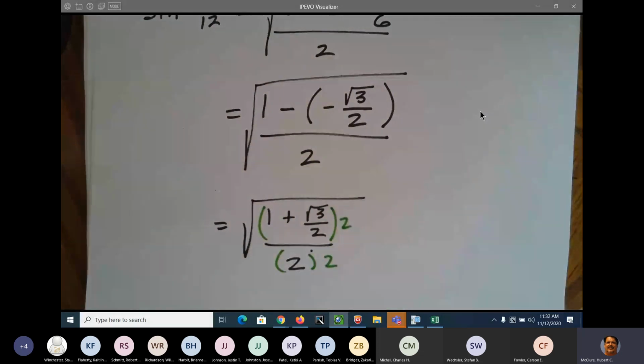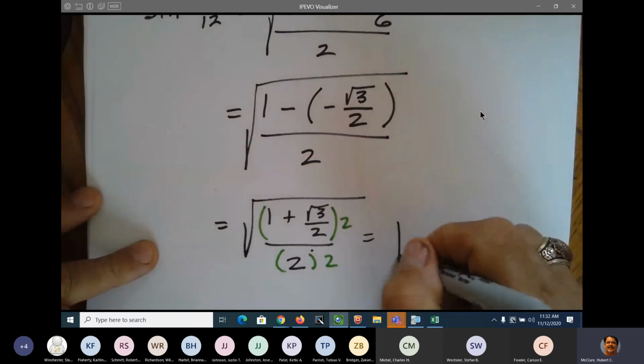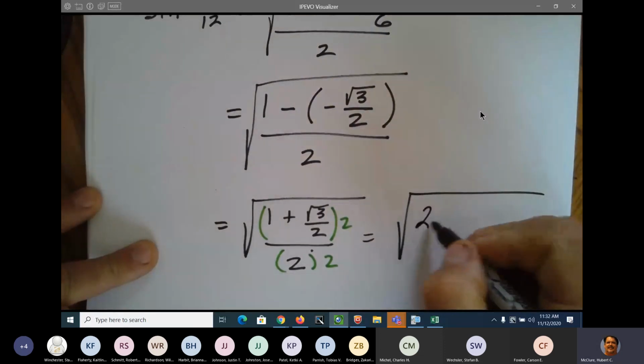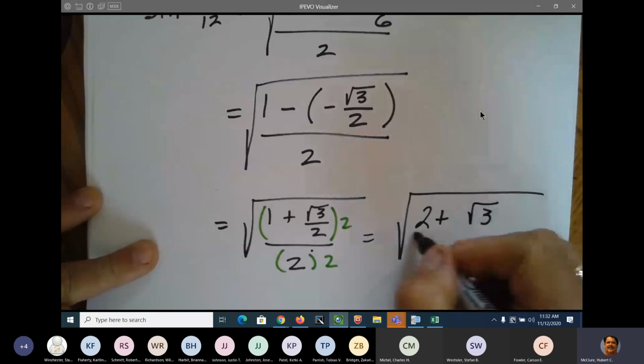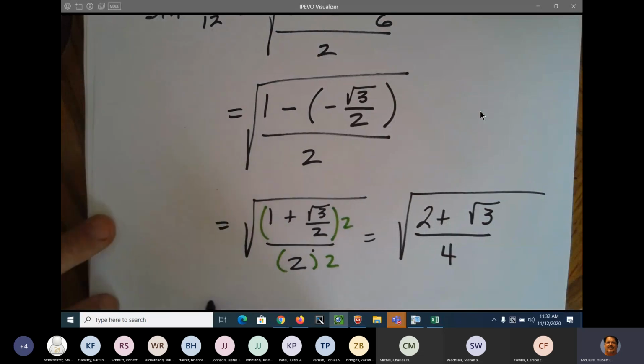And that's going to give us the square root of 2 plus the square root of 3 over 4. And that's going to give us the square root of 2 plus the square root of 3, over 2. And that's equal to the sine of 5 pi over 12.